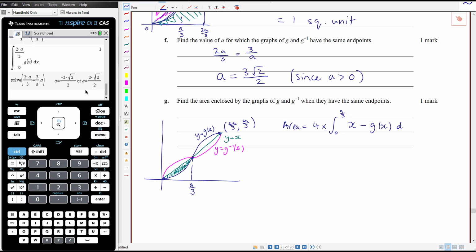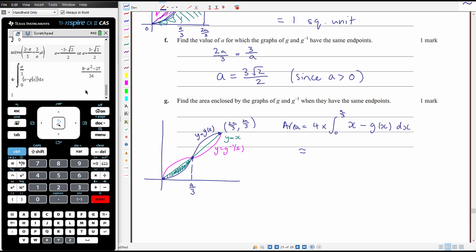That way we don't even need to find the inverse function. So 4 times the integral from 0 to a/3 of x minus g(x) with respect to x.